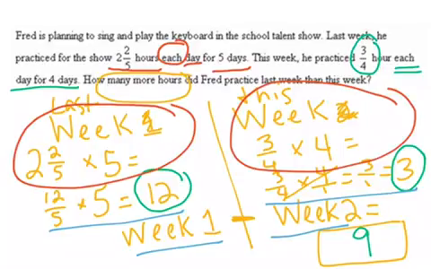Well, then I know that I've done something incorrectly, and that's in my review process. I recheck my calculations. I also read the problem to see if it's reasonable. So I have to see how many more hours did Fred practice last week than this week. Well, a negative answer wouldn't be reasonable because he can't practice for a negative amount of time. So that helps me review it, making sure that it is a reasonable answer.